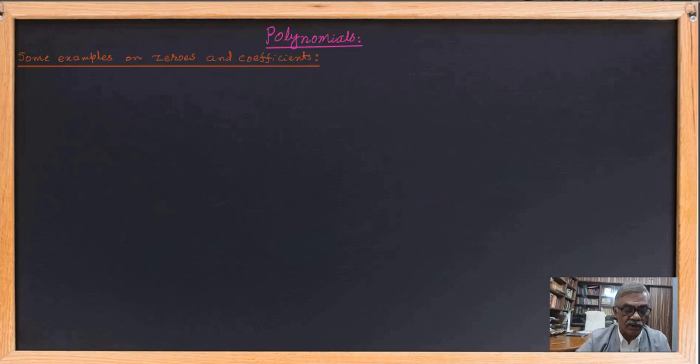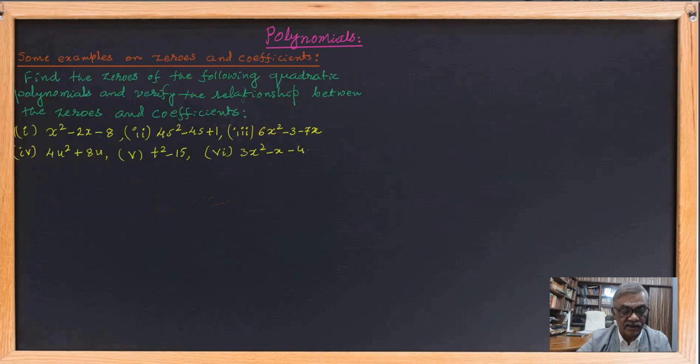Now we can see some examples on zeros and coefficients, and I am taking 6 examples and discussing the zeros of these polynomials and their relations with the coefficients of the polynomial.